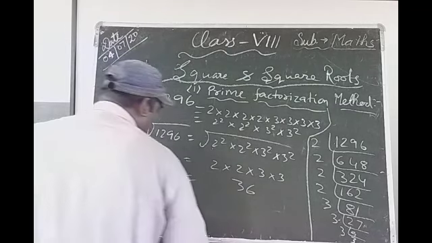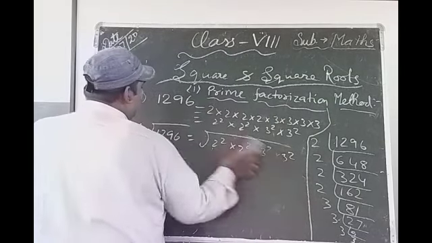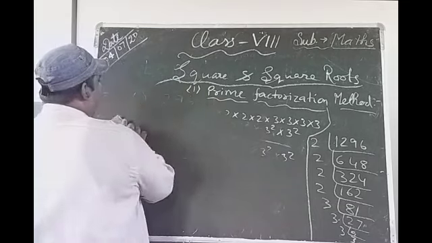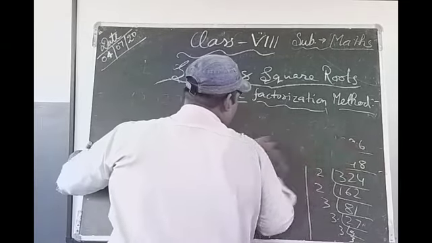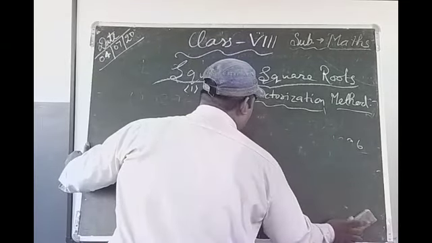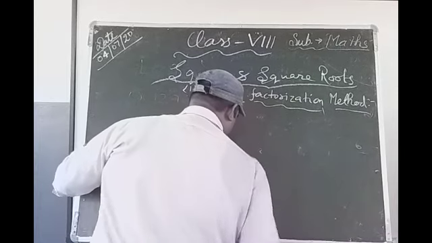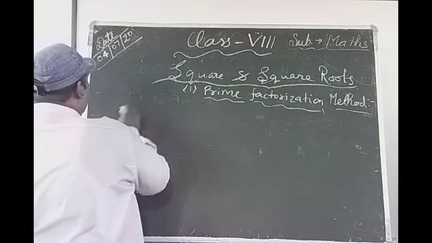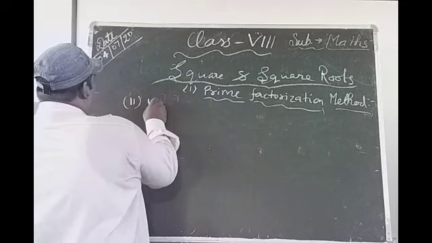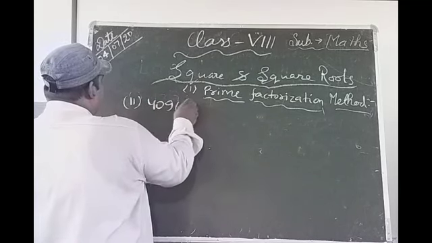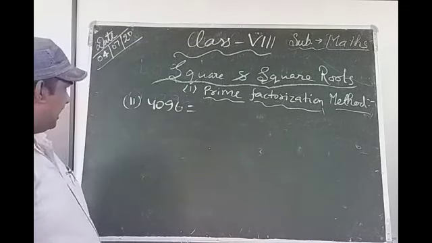Some more examples we will look at. Suppose we have the number 4096. Again you will find it by that method, prime factorize it.